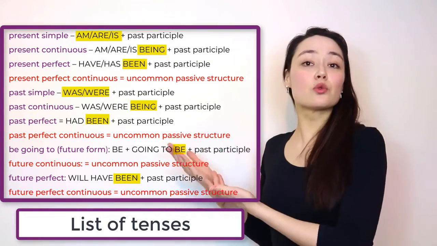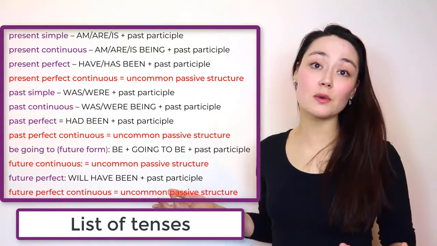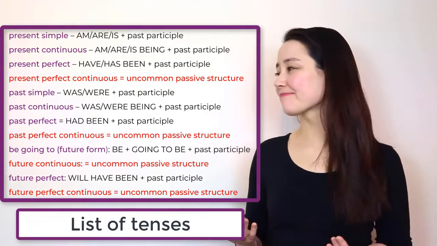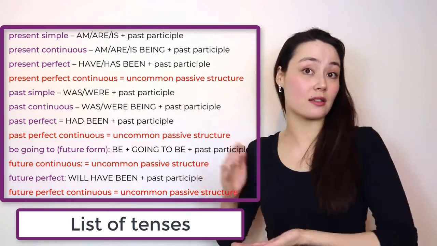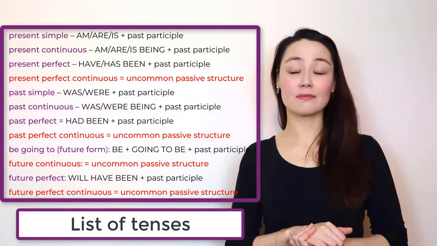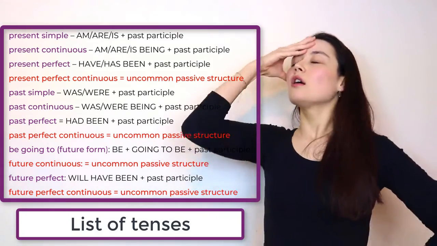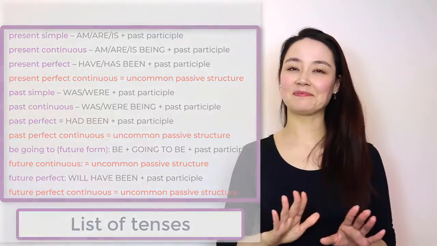The tenses in red, present perfect continuous, past perfect continuous, do not have a natural passive form. Don't try to form the passive using the red tenses. Now, I don't want you to think, Oh, there are so many structures for me to memorize.